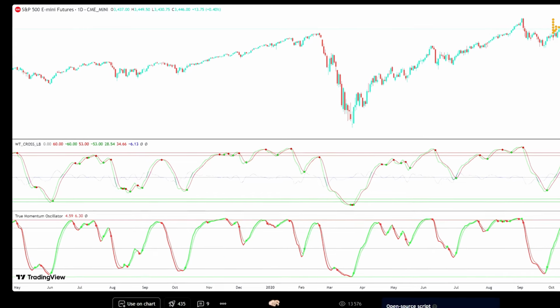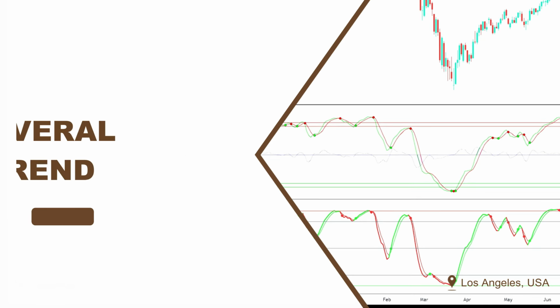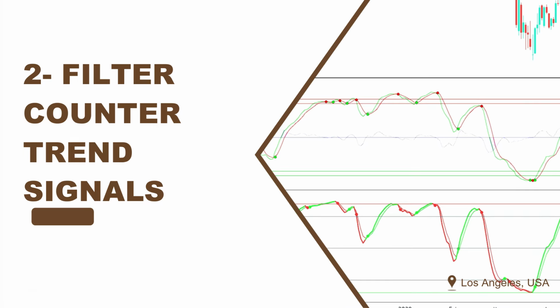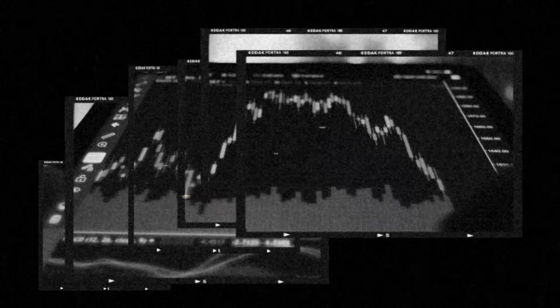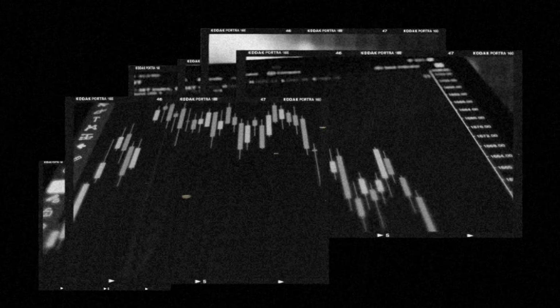This tool does two things. First, it shows you the overall trend of the market, and second, it filters counter-trend signals. This is huge because the difference between a good trade and a losing one is often just whether you're in sync with the momentum.